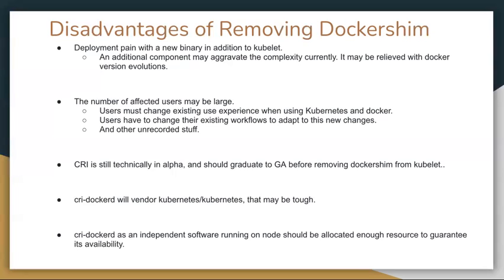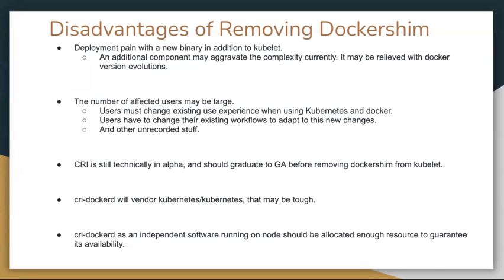And next is that CRI Dockerd will vendor Kubernetes, and that may be tough. So this is another thing: if you try to maintain the current way that you run Docker, that will be a little bit more difficult and tough to maintain. CRI Dockerd is an independent software running on the node and should be allocated enough resources to guarantee its availability.